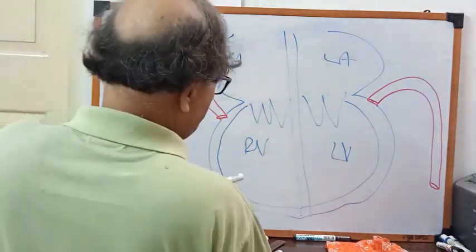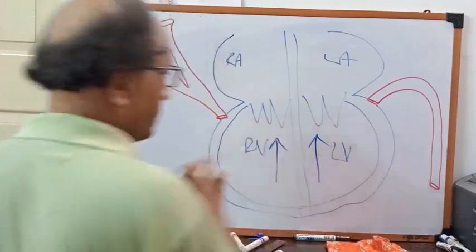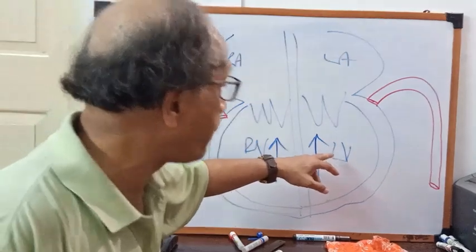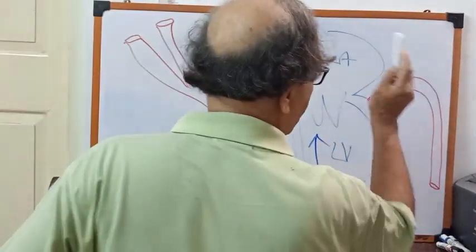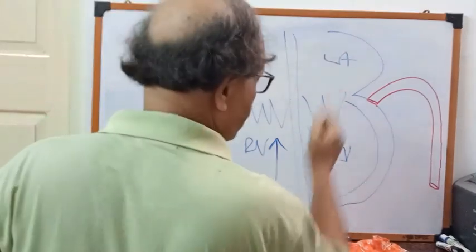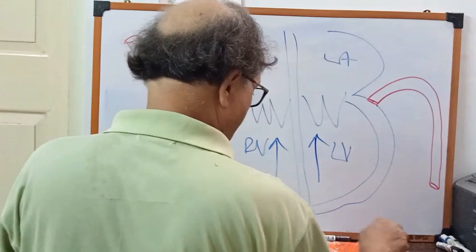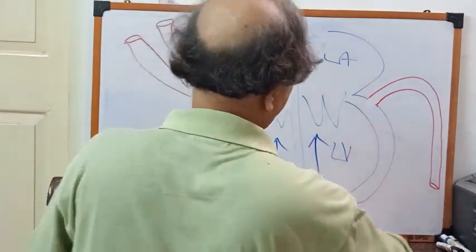What will happen? The intraventricular pressure will mount high, so much so that it will overcome the aortic pressure. When it overcomes the aortic pressure, the semilunar valves will open up.